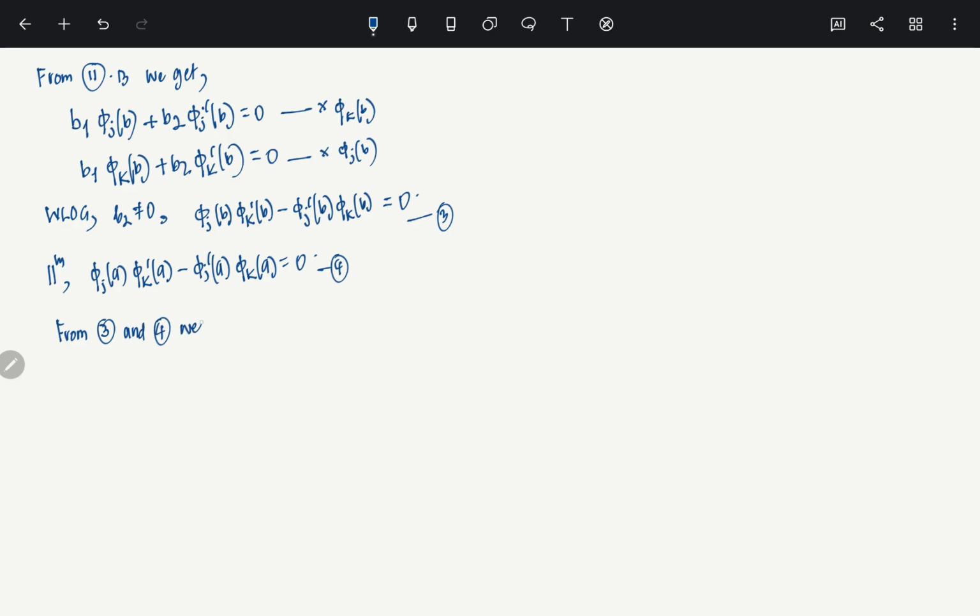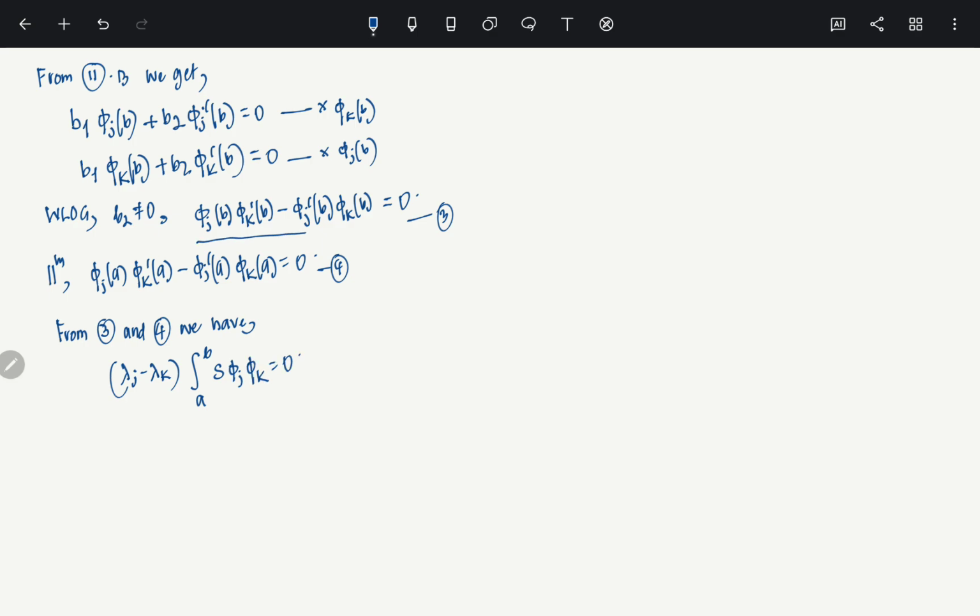We have lambda j minus lambda k, and then the integral from a to b of s phi j phi k is going to be 0, right? Why?